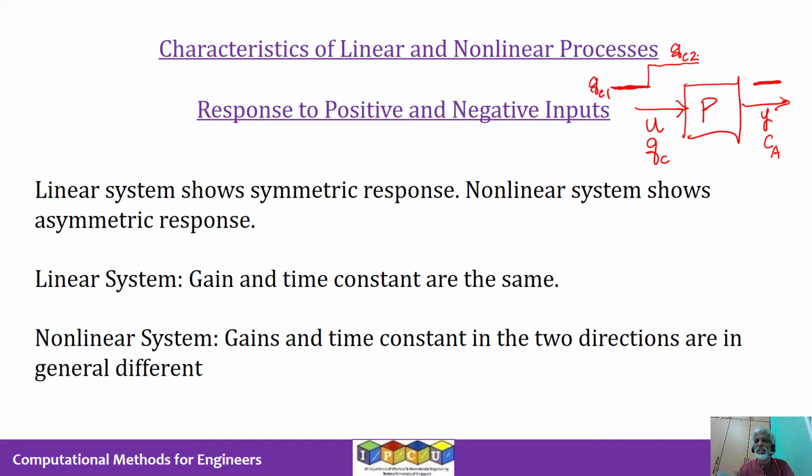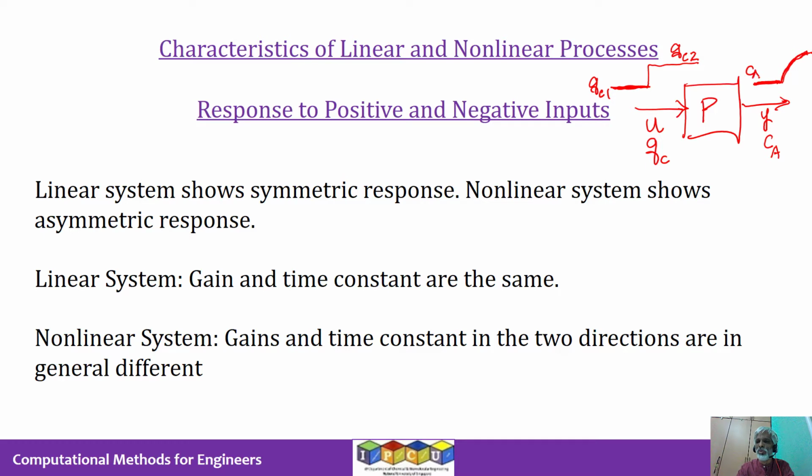The value suddenly increases from QC1, it reaches a value QC2, and this step change is made at a certain time. Now in response to this input, the system will respond. Let's say it responds like this. The system slowly responds and then reaches a new concentration.